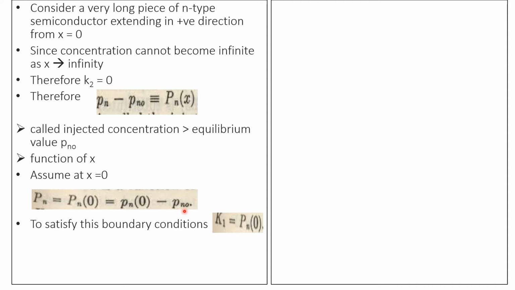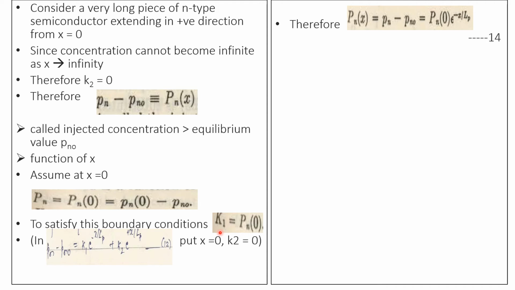To satisfy this boundary condition, we can put x equal to 0 and K2 equal to 0 in this equation 12. We will get K1 is equal to p_n'(0). Therefore, we can write p_n'(x) is equal to p_n minus p_n0 is equal to p_n'(0) into e raised to minus x by L_p. So we are substituting everything in this equation 12. We get equation 14.